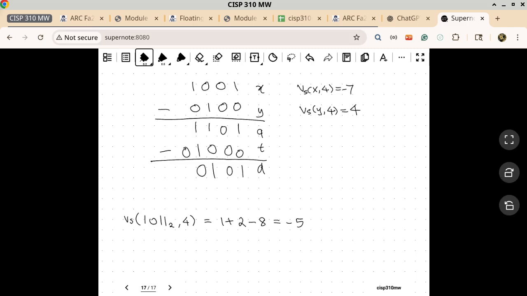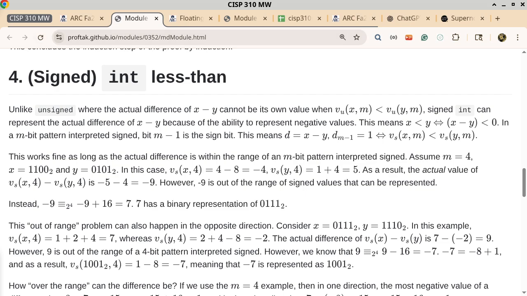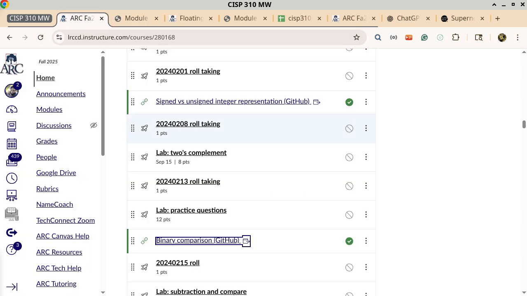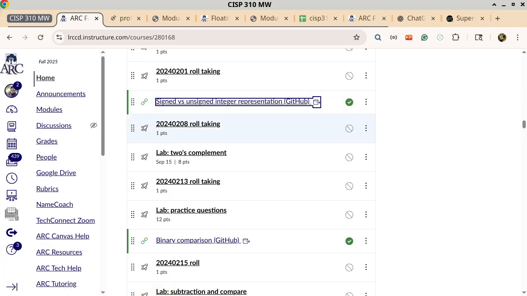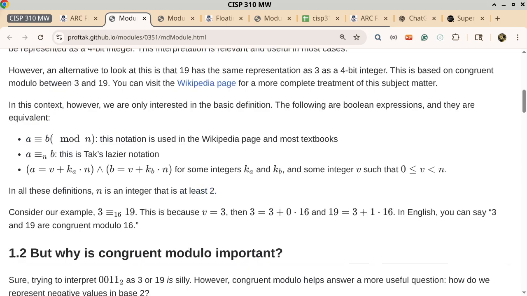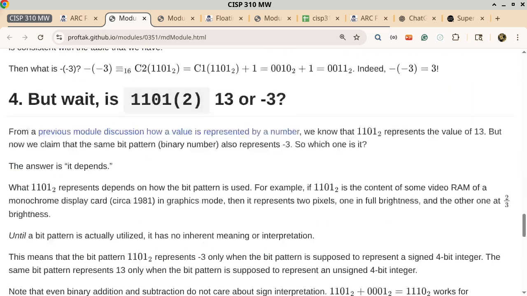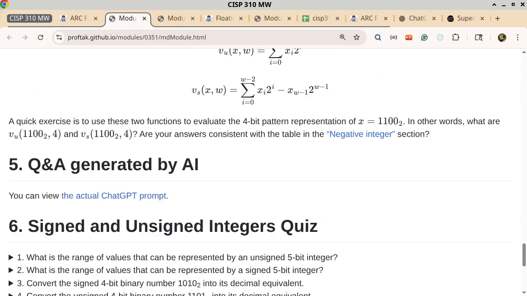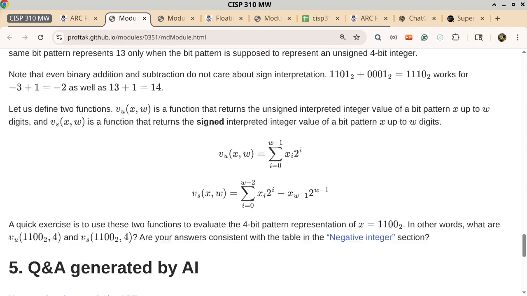And that was actually mentioned in signed versus unsigned representation. I really want to point out where we talk about these things, because it's actually at the very end of this entire discussion. That's how VU and VS are defined. You can see how VU just adds up everything, right? All the powers of 2 corresponding to every position of X are just added.